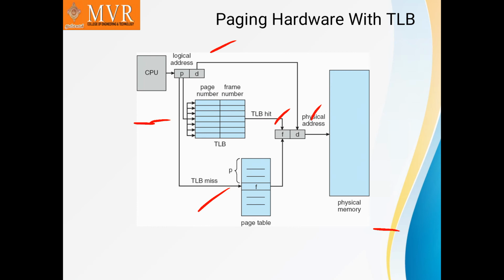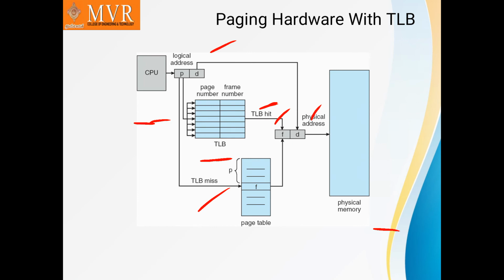The page number is looked up in the TLB, the translation lookaside buffer. A buffer is a temporary storage, and it holds the page numbers and frames. If the page number is found, it is a hit, and the frame number is taken from the TLB.